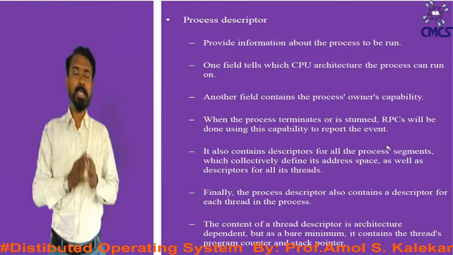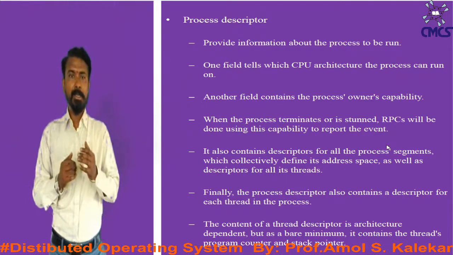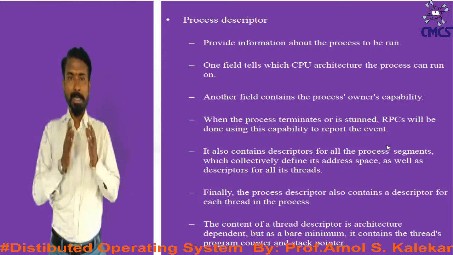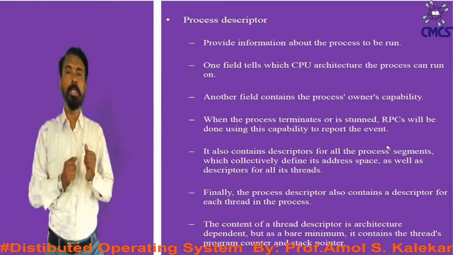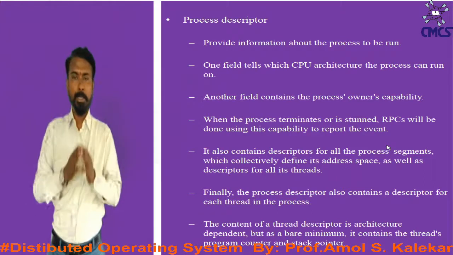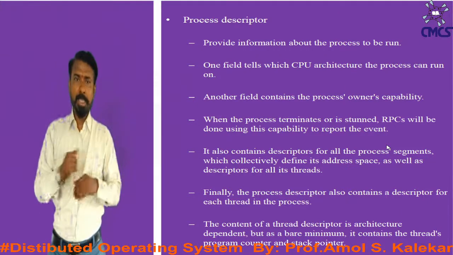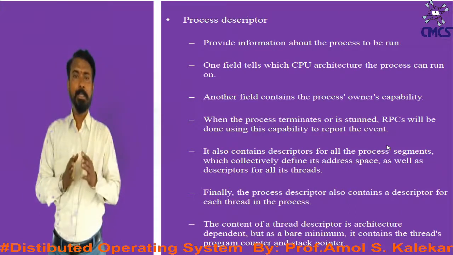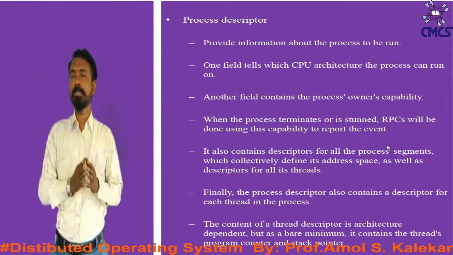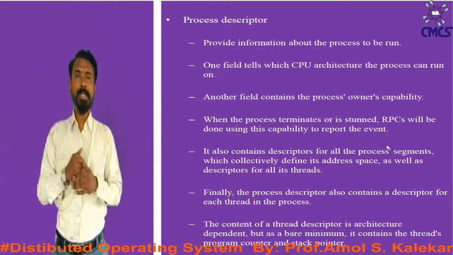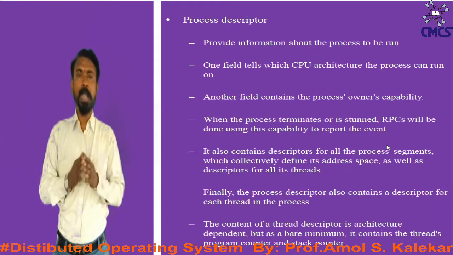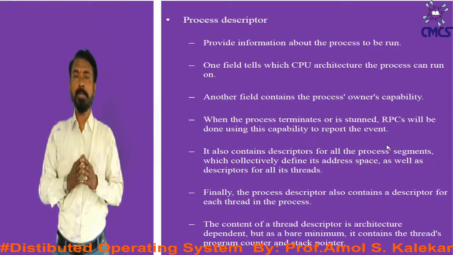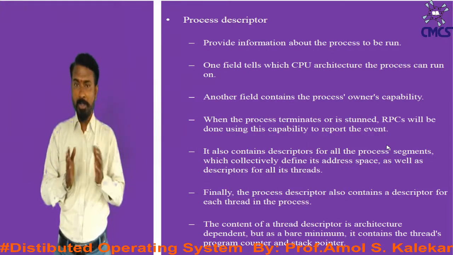When the process terminates or is stunned, an RPC will be done using the capability to report that particular event. It also contains the descriptors for all the process segments, which collectively define its address space, as well as the descriptors for all its respective threads.